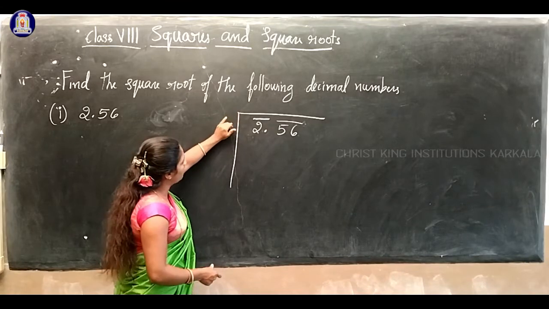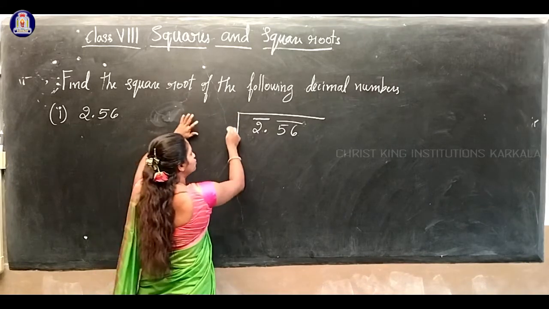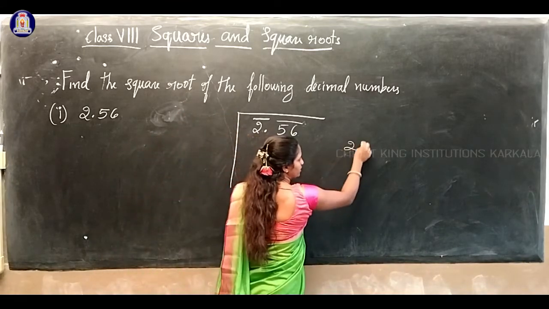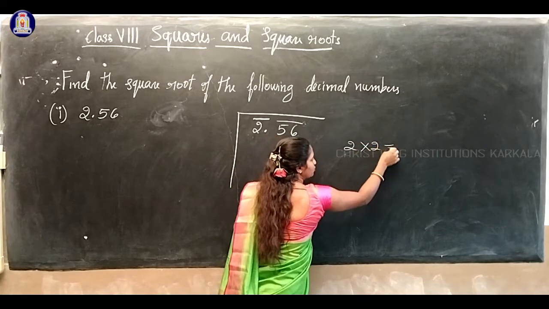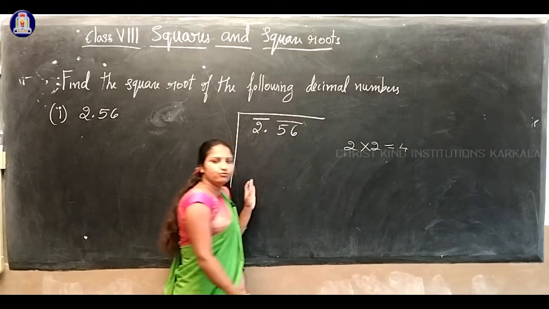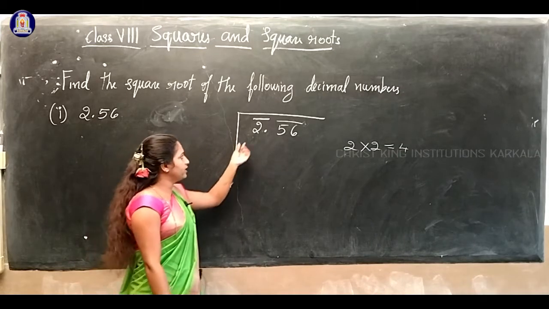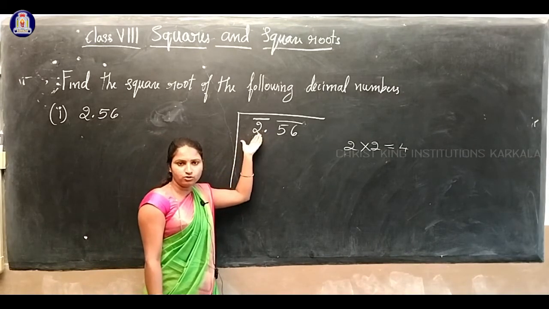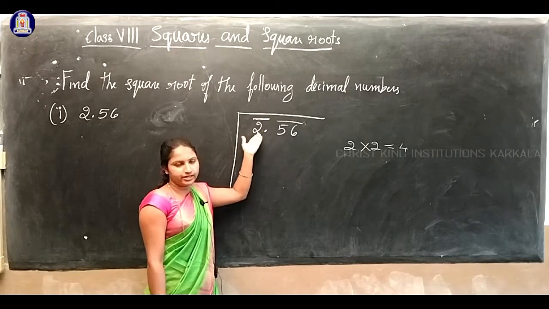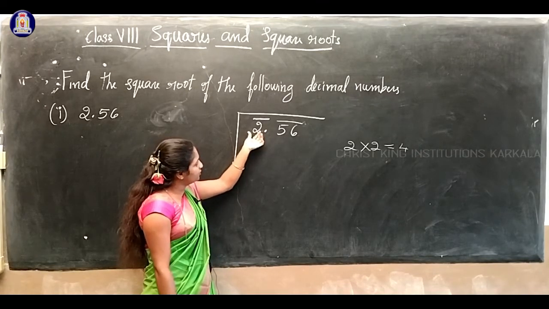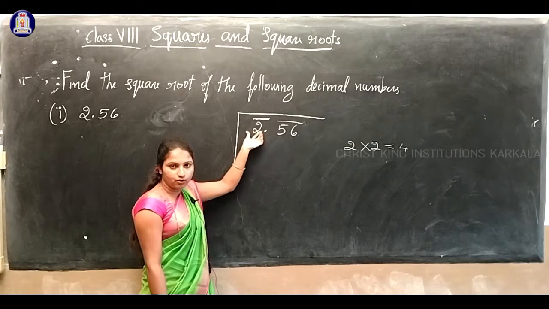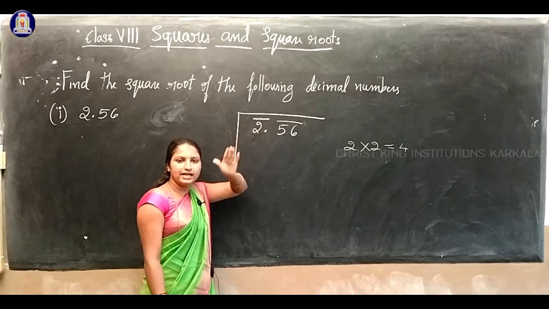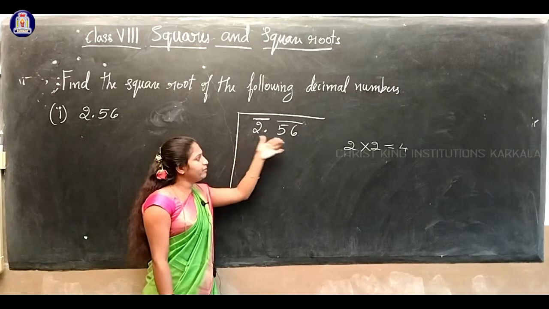If you write 2 here, 2 into 2 will get the answer 4. Is it possible? The answer you must get is equal to 2 or less than 2. It should not be more than 2.